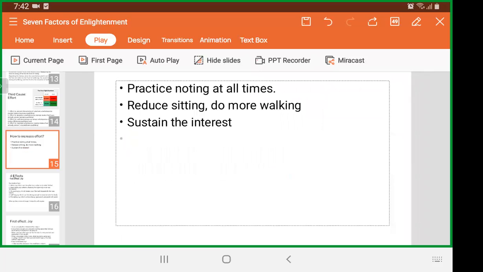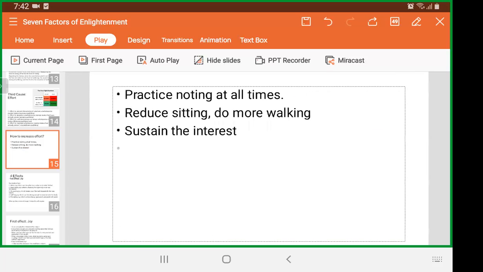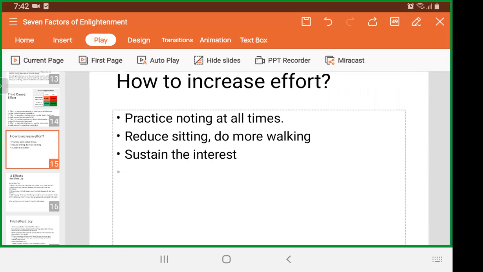Anybody want to give your sharing? Yes, can I try? To increase the effort, I think we also need to look into the awareness. For instance, if one of our mental factors were to arise, like anger, which is unwholesome, we will try to prevent it from arising.